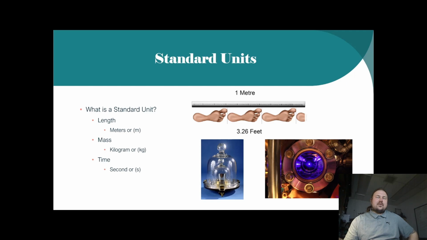Mass is our second one. I wish this one had a much better history or background, but I don't find it to be as thrilling as length. The SI unit for mass is the kilogram. You'll see it written out as kilogram, or abbreviated as the lowercase kg. It's the mass of a specific platinum iridium alloy cylinder at the International Bureau of Weights and Measures in France.